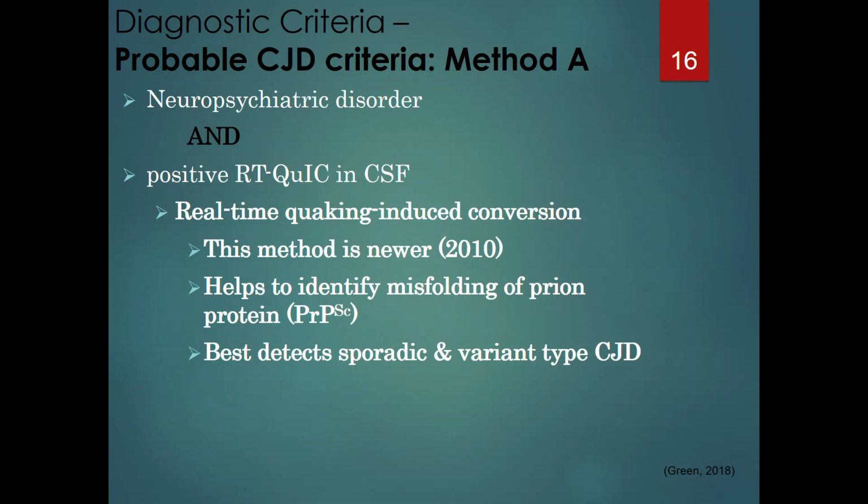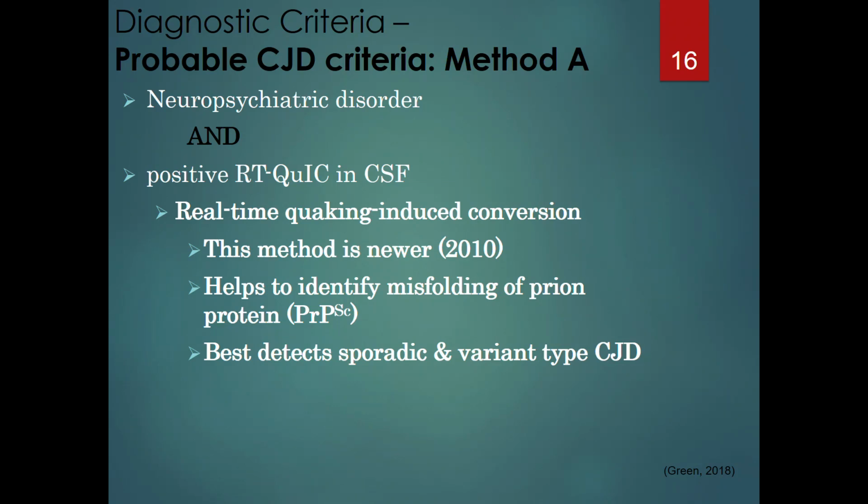In particular, RT-QuIC is often used to confirm a diagnosis of CJD when a patient has combined neuropsychiatric symptoms and a positive result in the RT-QuIC test. This would mean that the patient would be positive for a probable CJD diagnosis.